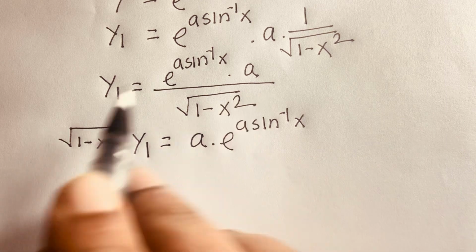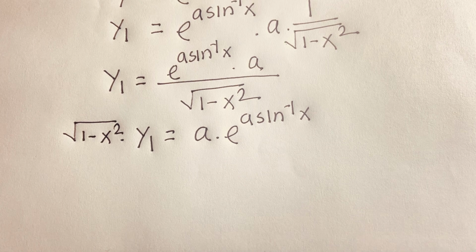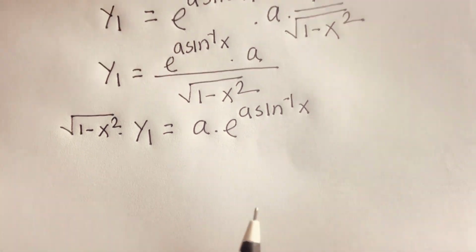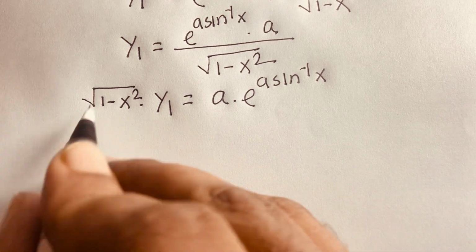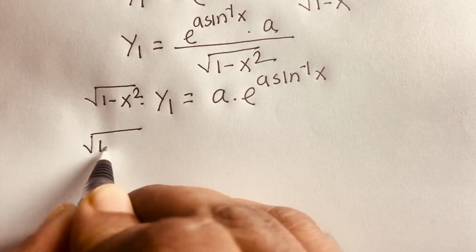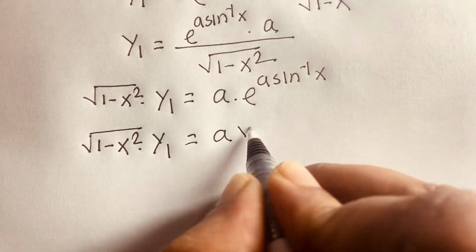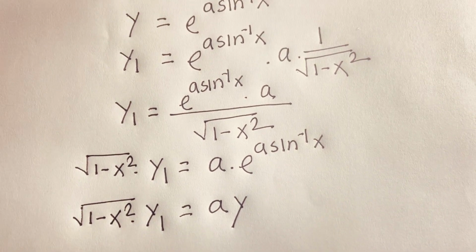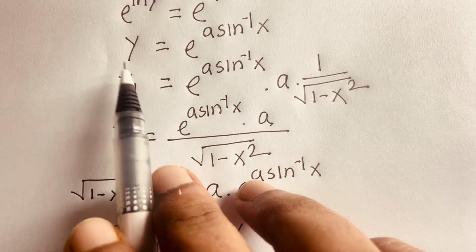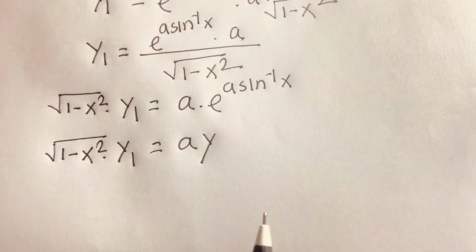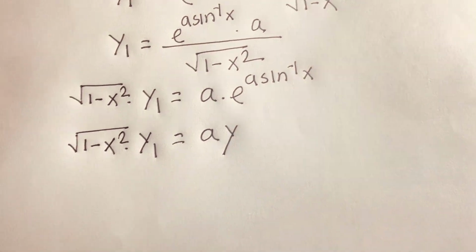In this case, square root of 1 minus x squared times y1 is equal to a y, because we know that e to the power a sin inverse x is y.